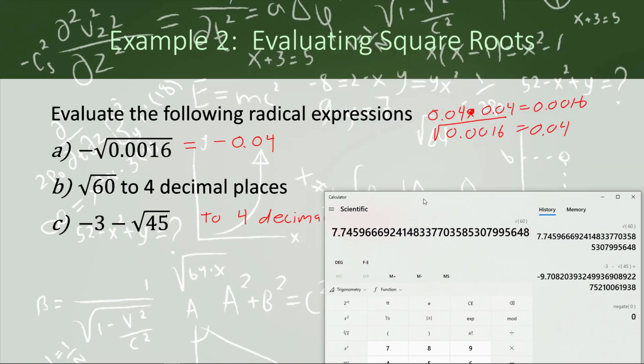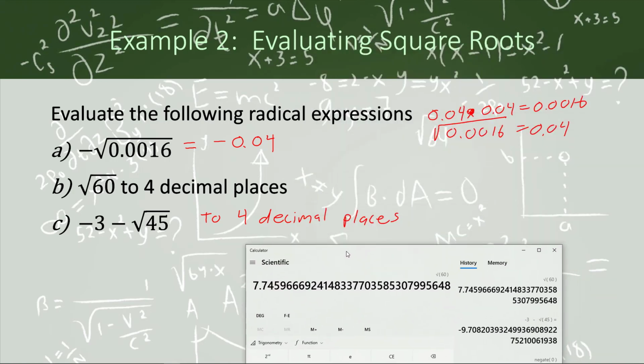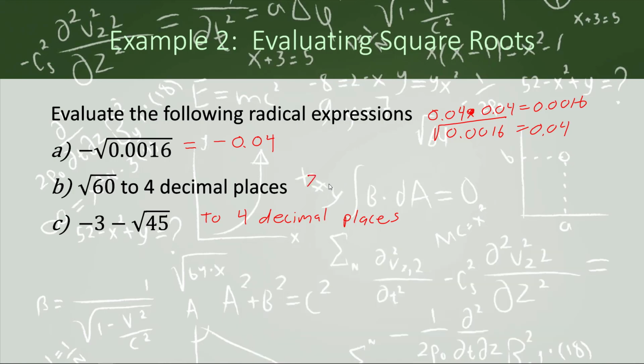Now, I only want this to 4 decimal places. However, I have a lot of these, so I'm going to have to do some rounding. So the first thing I'm going to want to do is basically write this down to 5 decimal places. And that would be 7.74596. This is my 5th decimal place.